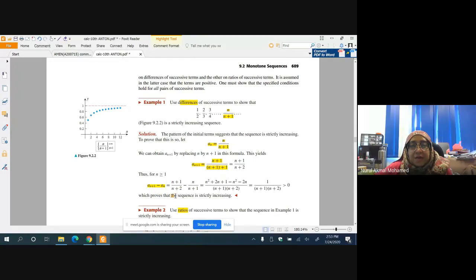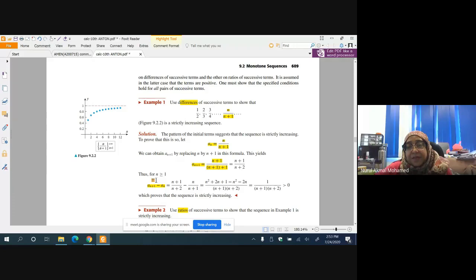So this is a_(n+1) minus a_n. Once you take the difference, you simplify it and you get this. And of course, you check whether it is possible that this is equal to 0. n is always greater than or equal to 1.